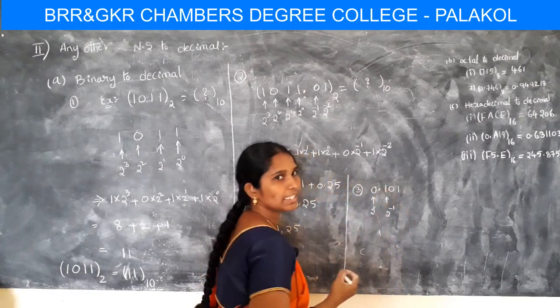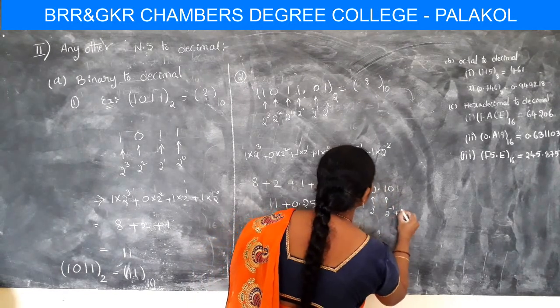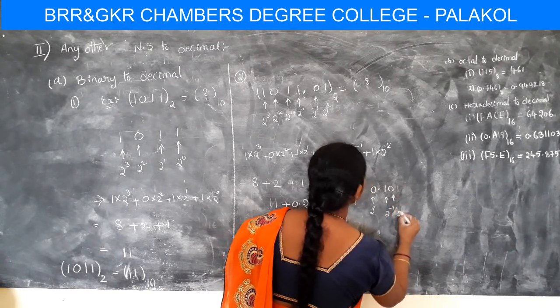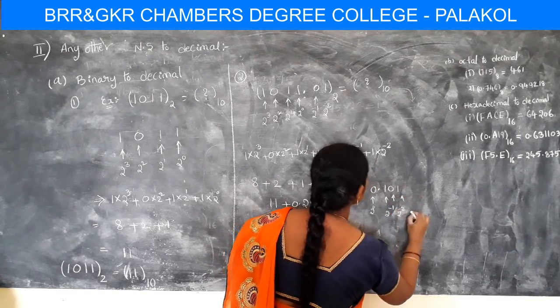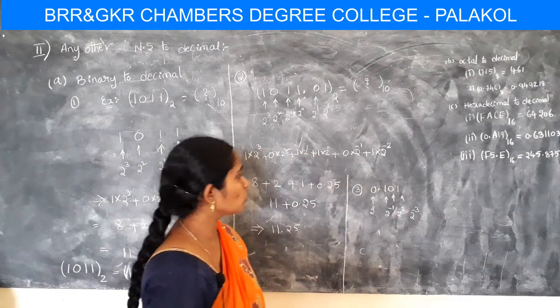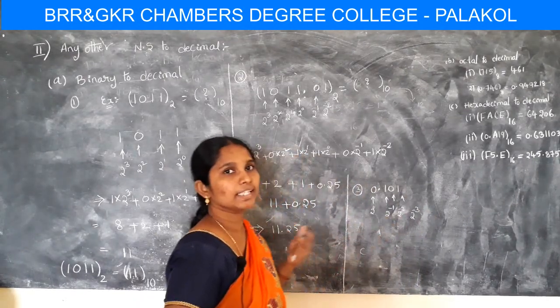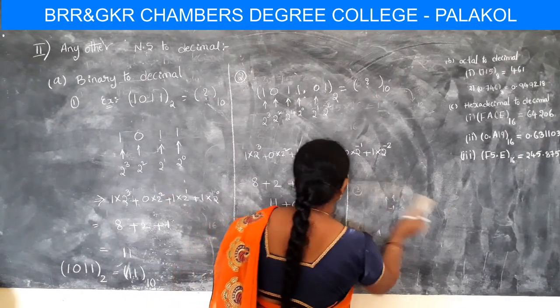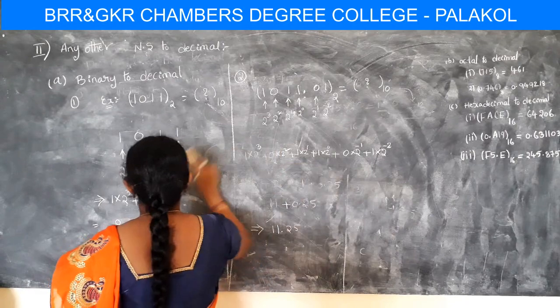So here this is a decimal point, and after that this is 2 power minus 2, and this is 2 power minus 3. So likewise they also give some examples from the exam point of view.